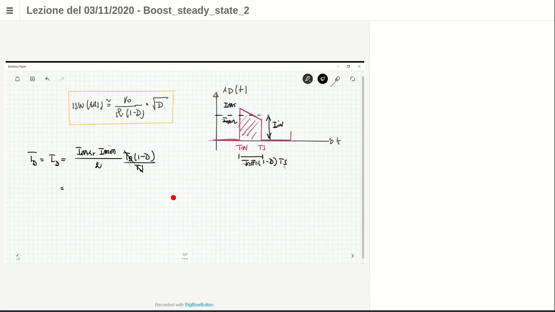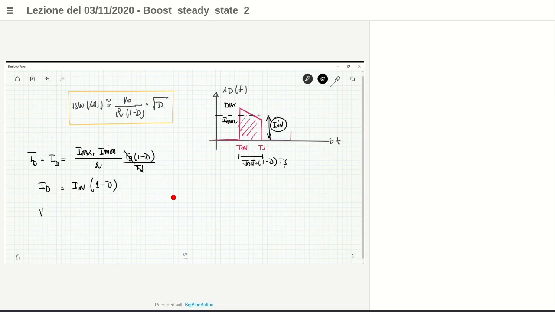But I max plus I minimum divided by 2 is exactly the input current. So this is the input current multiplied by 1 minus D. Okay? So the average value of the current flowing in the diode is the input current, which is a DC quantity, multiplied by 1 minus D.